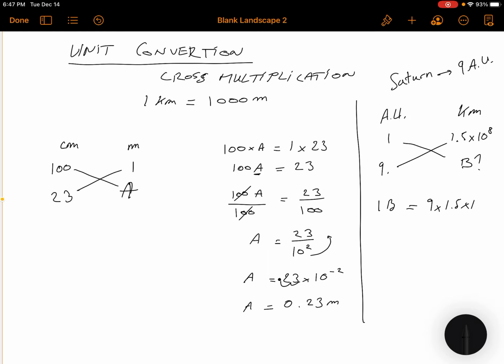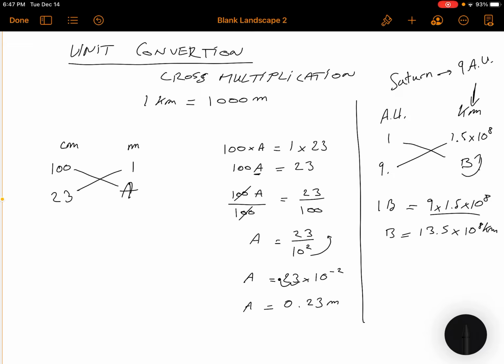So 1b, that's just b. Now we only have to find out this part of the equation. 9 multiplied by 1.5 will give you 13.5 by 10 to the power of 8.